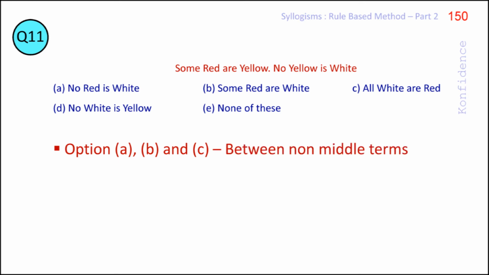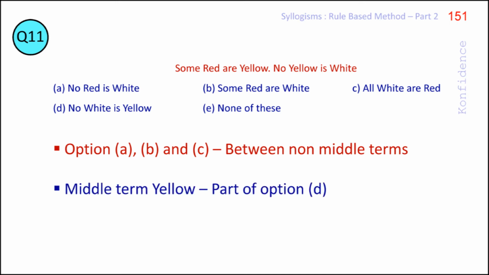What about option D? There the relation given is between white and yellow. We have seen that yellow is the middle term between the 2 premises. The middle term yellow is part of option D. We cannot use the rules to check the validity of such a conclusion.